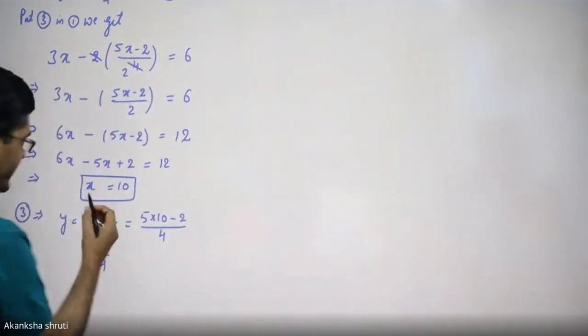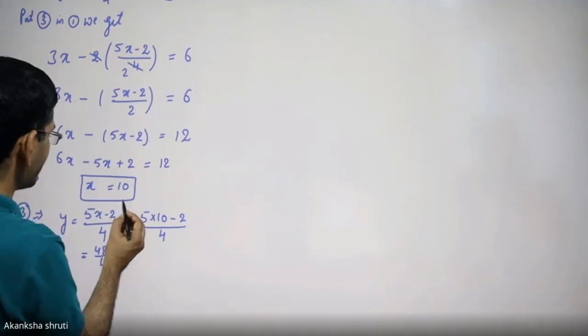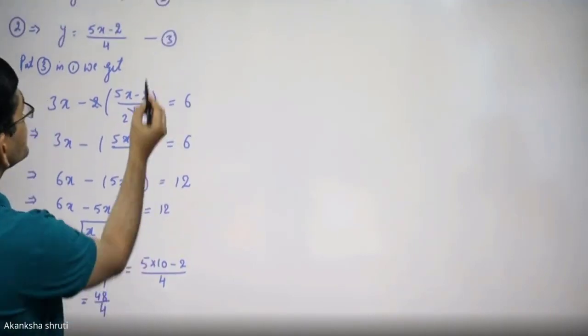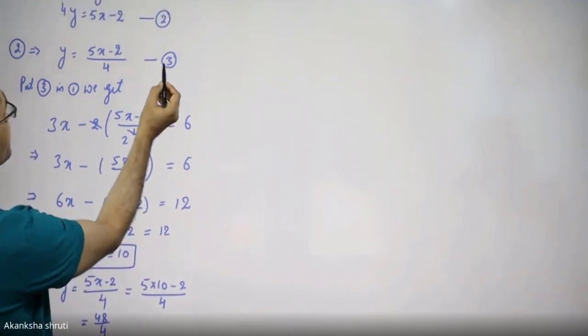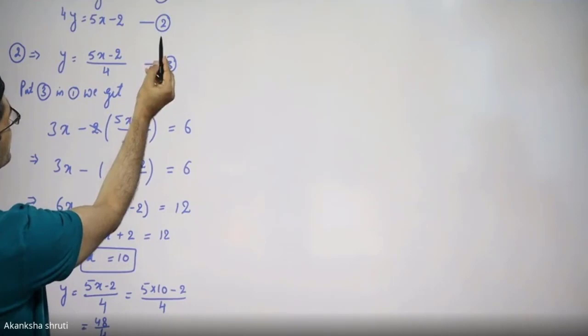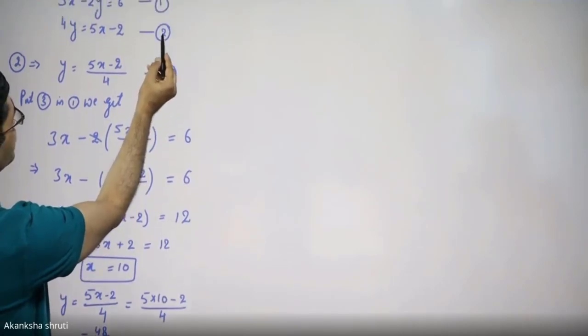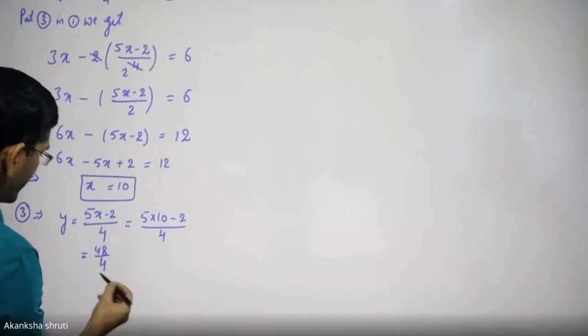The value of x that we have calculated is 10. The value of y can be obtained by substituting in equation number 3. This equation number 3 is nothing but a rearranged form of equation number 2. So even by substituting in equation 2 or 1 or 3, we can get the value of y.